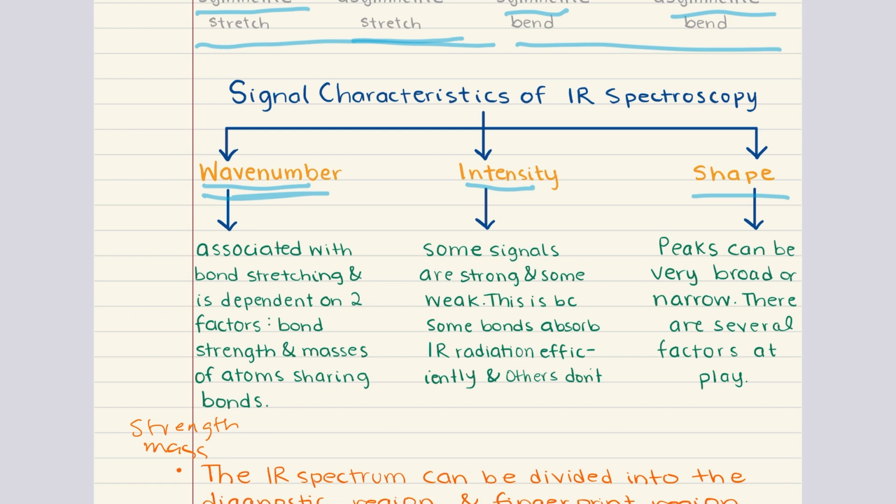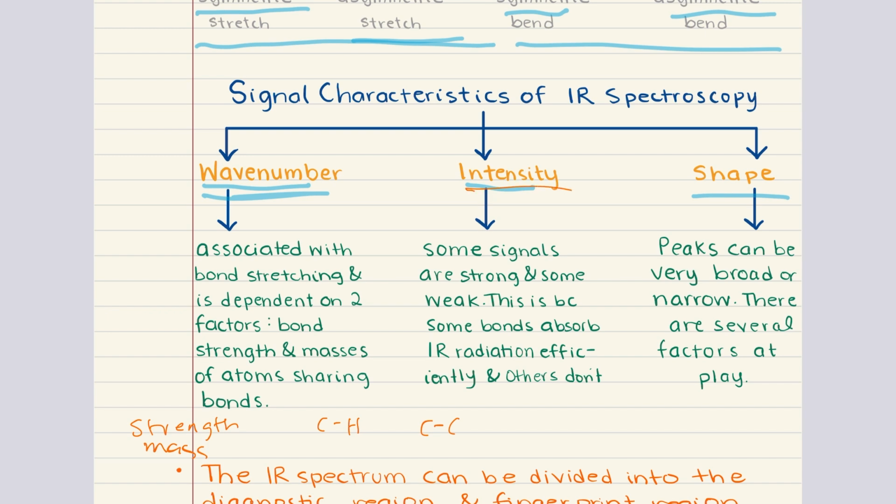Stronger bonds and lighter atoms are going to vibrate at higher frequencies and therefore absorb at higher wave numbers. So for example, if we're comparing a carbon-hydrogen single bond to a carbon-carbon single bond, a carbon-hydrogen single bond is going to absorb at a higher wave number than a carbon-carbon single bond.